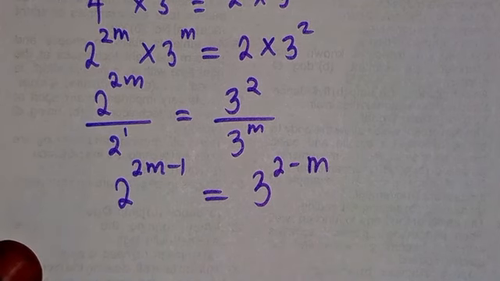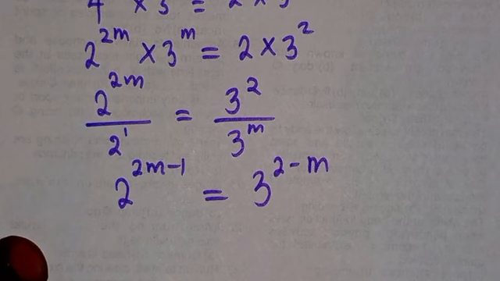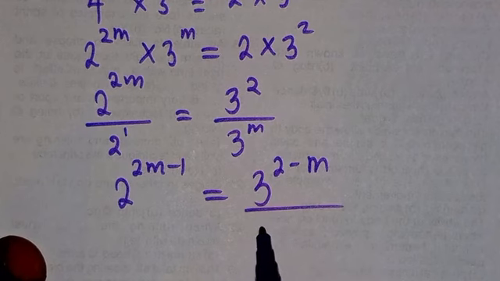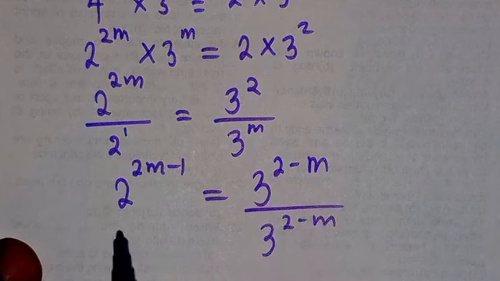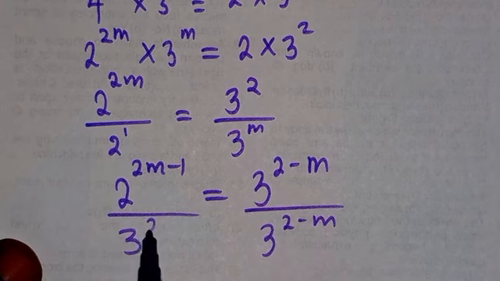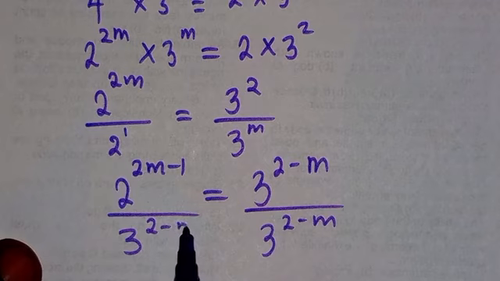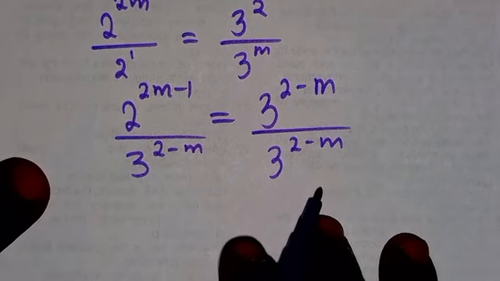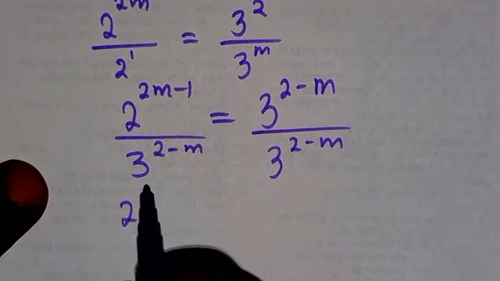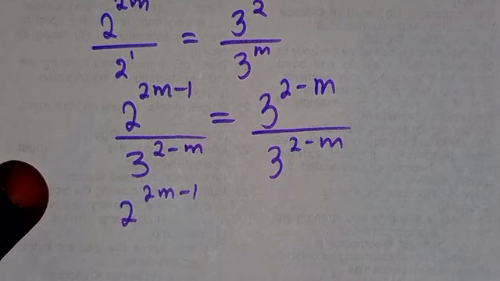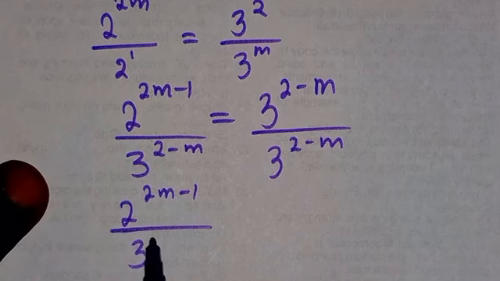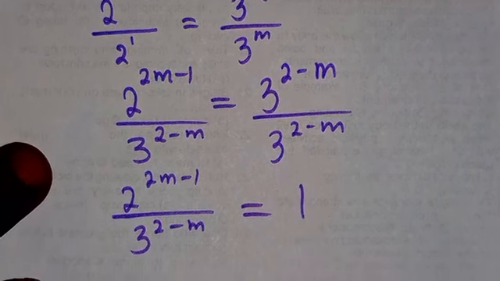So now the next thing we are going to do is divide through by this, 3 to the power 2 minus m, on both sides. So you see that we're going to have 2 to the power 2m minus 1 over 3 to the power 2 minus m, which will be 1, right?